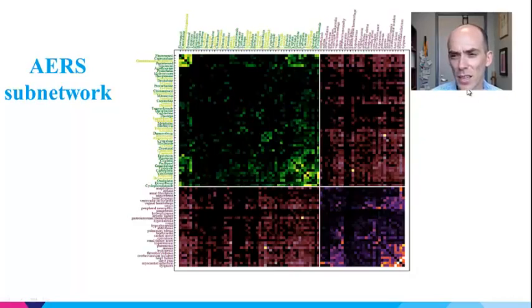The matrix identifies drugs that are co-prescribed, side effects that co-occur, and likely side effects for drugs by looking at the bright spots on the rectangles on the top right and bottom left.